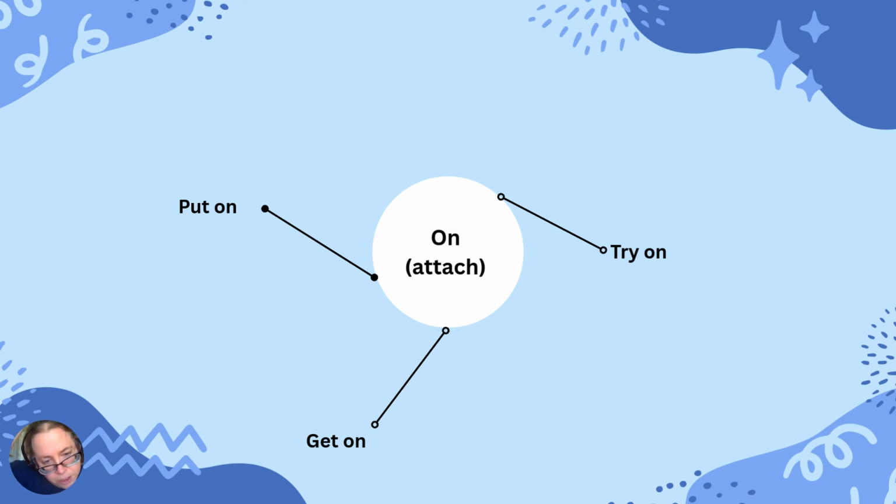You get onto the elevator, for example. And put on, well, that is also like with clothes, you're attaching the clothing, or you're attaching something you're going to wear to your body. So all of these meanings with attach for on.